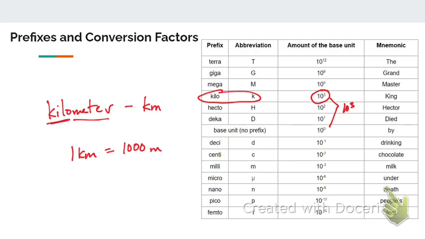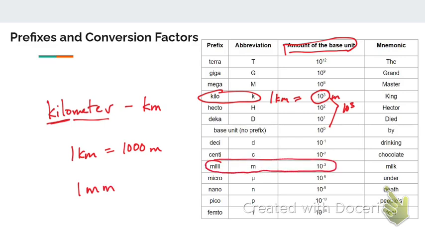So in 1 kilometer, there's 10 to the 3 meters. This is the amount of the base unit. If you have 1 millimeter, here's milli, the prefix, then 1 millimeter equals 10 to the minus 3 meters.